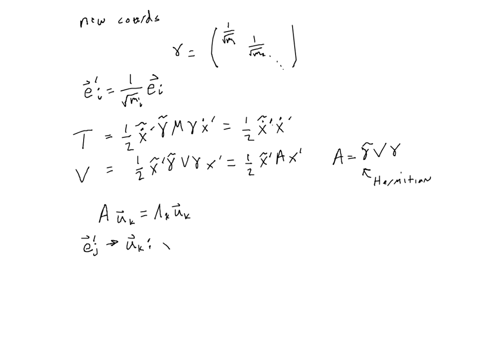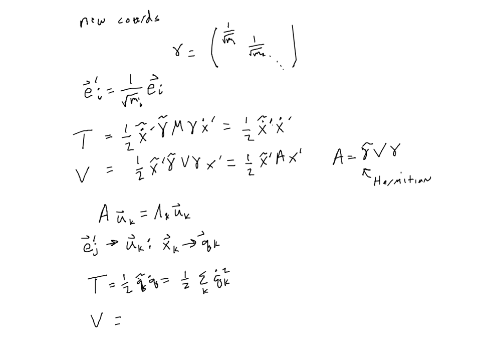Then what's going to happen is that all of our xk's are going to also change into some new variable qk. And so now in this new coordinate system, T is just going to be equal to 1/2 q dot transpose times q dot, which is essentially just equal to 1/2 times the sum over k of q dot k squared.